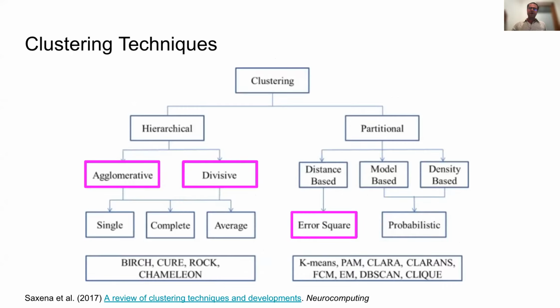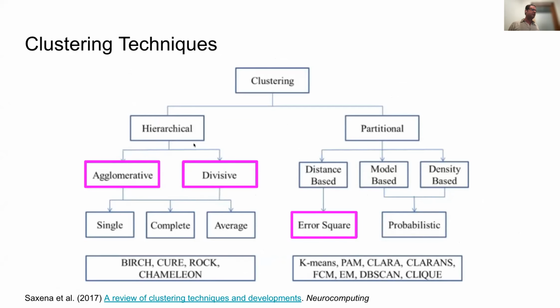And then on Monday, we'll look at ordination, which is about collapsing the axes, so you can have many data represented in single axes. But today we're going to talk about clustering. And this is from a review of clustering techniques.